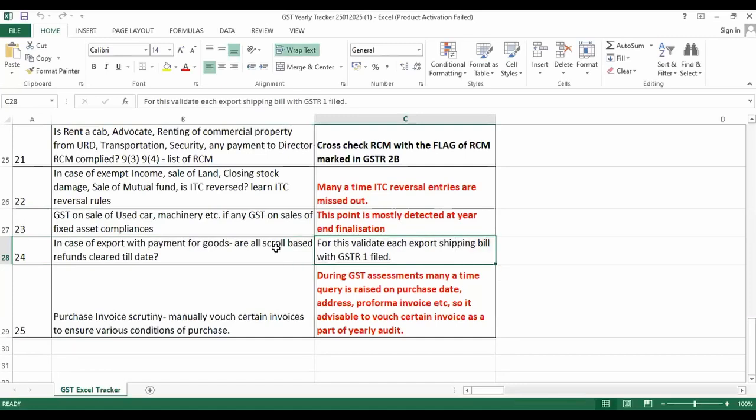Because only if the details match with 3B and with your shipping bill will the customs portal process the refund. So this is high time for you to validate your exports with your shipping bill and get the refund cleared.